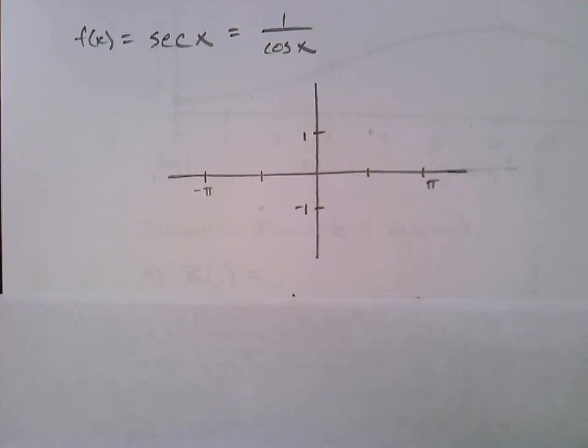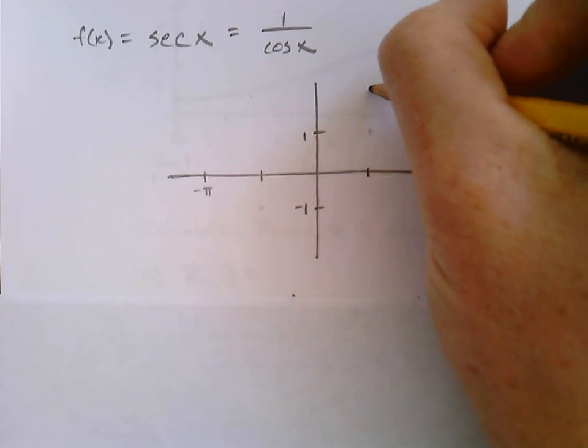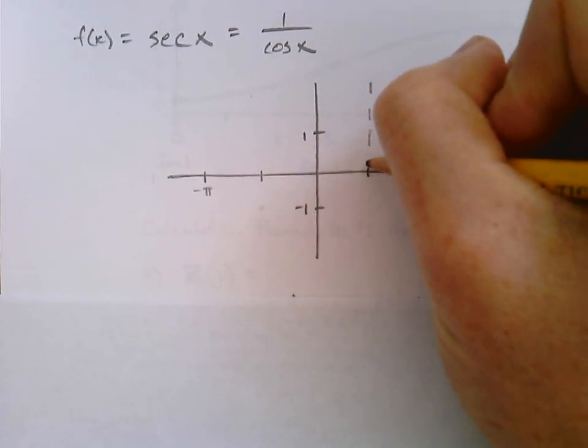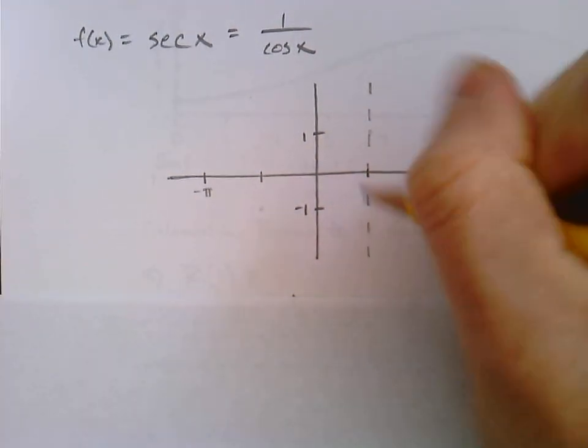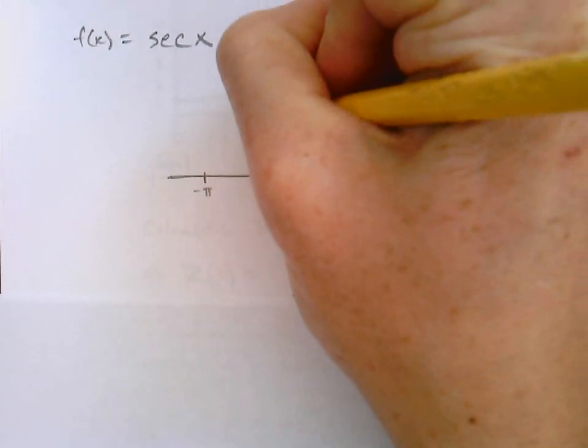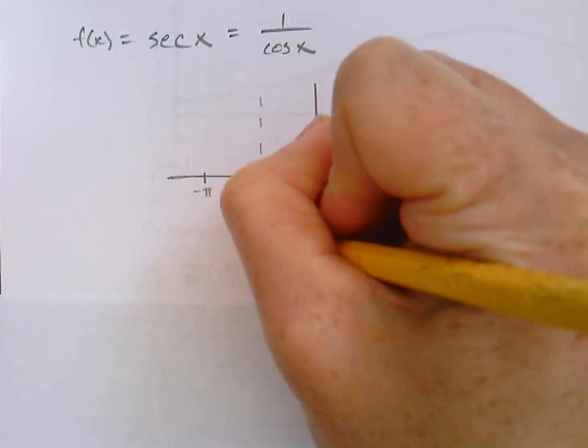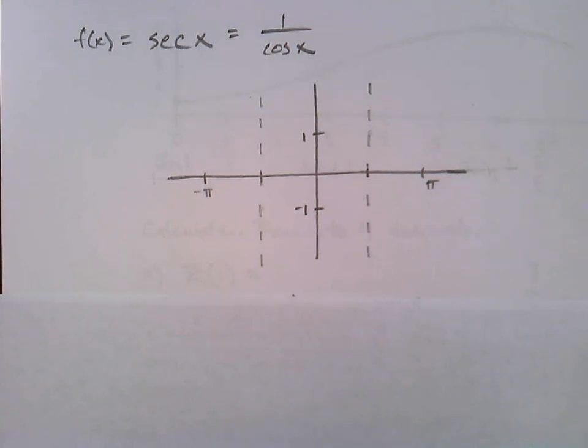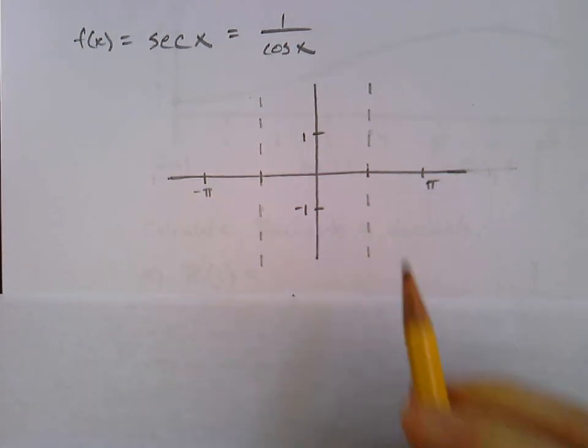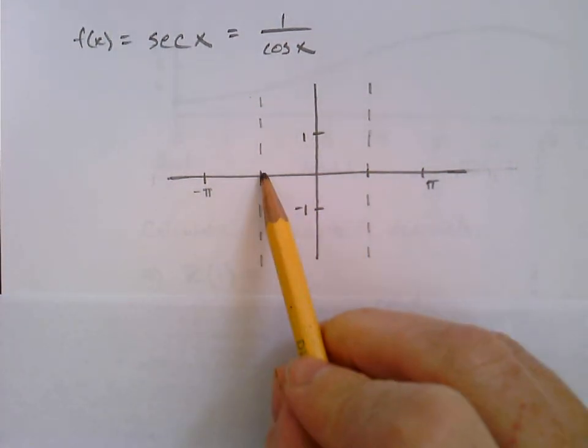For secant x, the vertical asymptotes occur like this at pi over 2 and negative pi over 2.